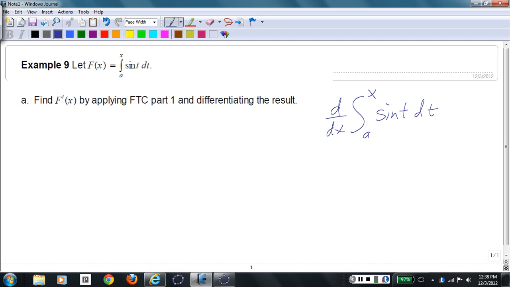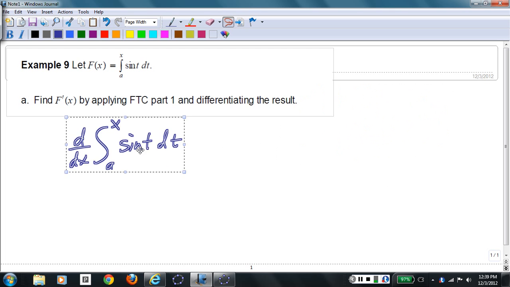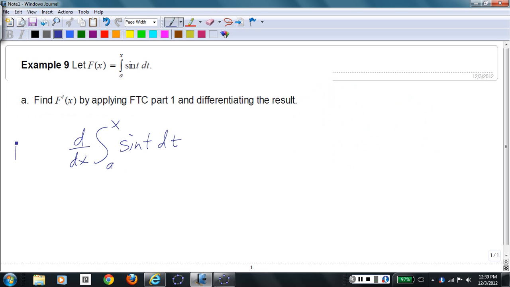But let's show that. So what I want to do is find the value of this and then take the derivative. So I need an antiderivative for sine t. What can you take the derivative of and get sine t? Negative cosine t.